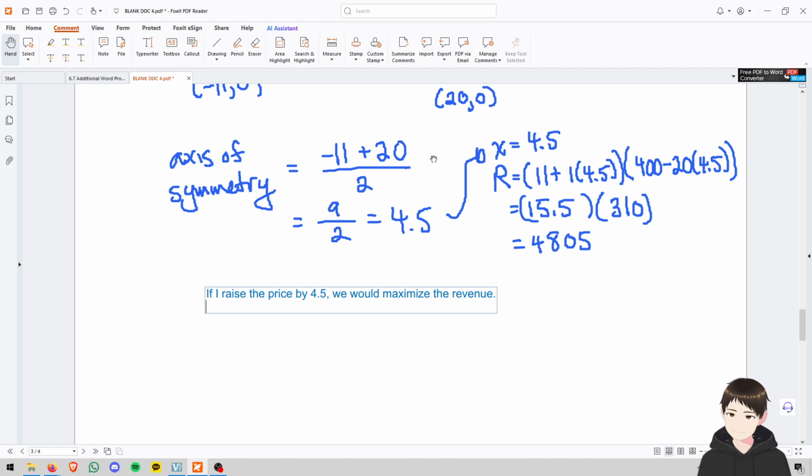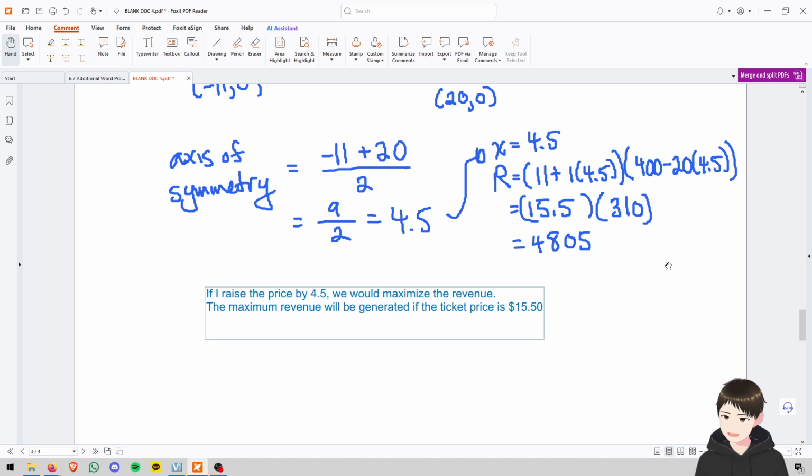So what is the price? Remember, that first bracket represented the price per ticket. So my price would be 15.5. The maximum revenue will be generated if the ticket price is $15.50. And that's it. That brings us to the end.